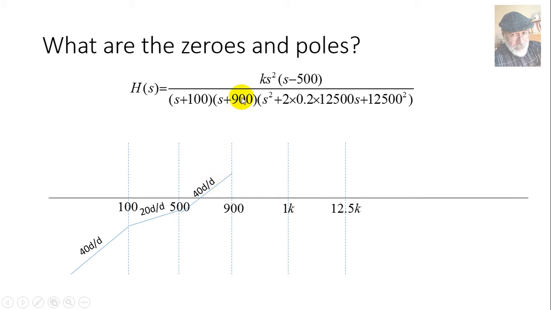And now a simple pole at 900 reduces the slope down to 20 until the final corner frequency, the undamped frequency of the quadratic term, that reduces the slope by 40 decibels per decade down to negative 20 decibels per decade. And that is the asymptotic plot for decibels. You say, wait a minute, but I have only the corner frequencies and the slopes. What about values?